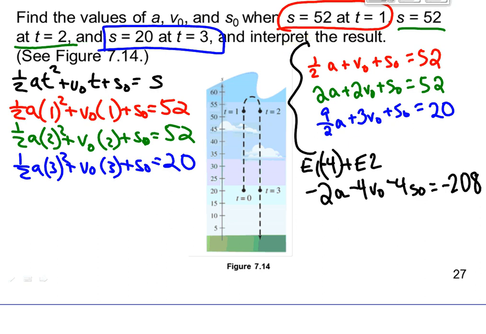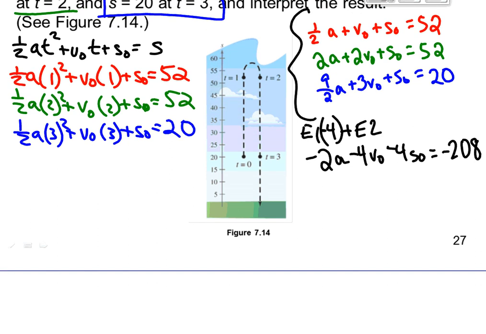So we had decided to take E1 times -4, and then we're going to add that to E2, and that'll make the A's drop out for that one. And so I will get going on that. And we multiplied, and I think we had an error, but then we fixed that. So this is -2a minus 4 v sub 0 minus 4 s sub 0 equals -208.